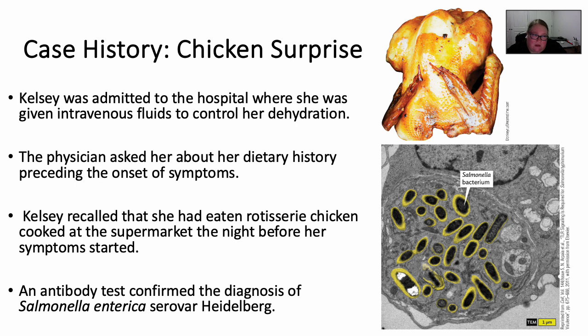Unfortunately for Kelsey, the strain she got, serovar Heidelberg, is one of the more terrible strains. If you have to get Salmonella, this is not the one that you want to get. Both her stool sample and her blood sample show that she has this infection.